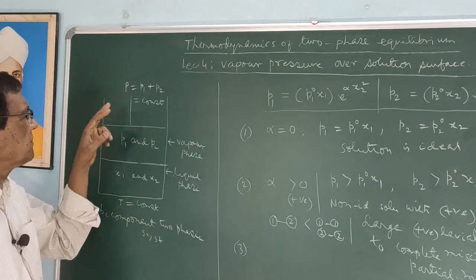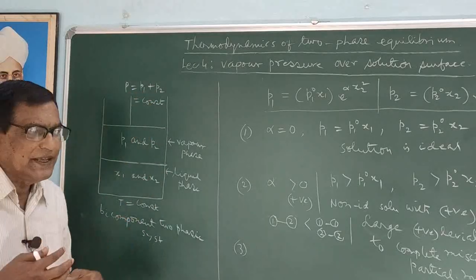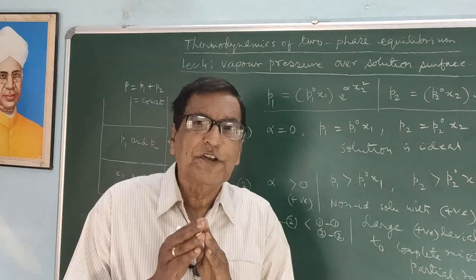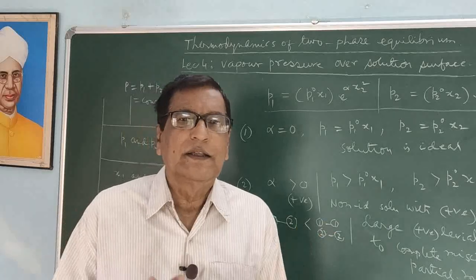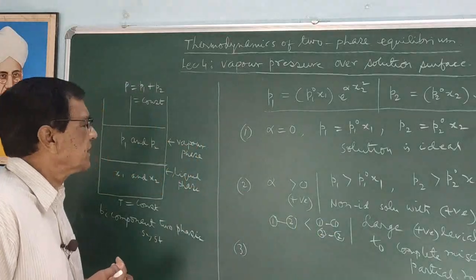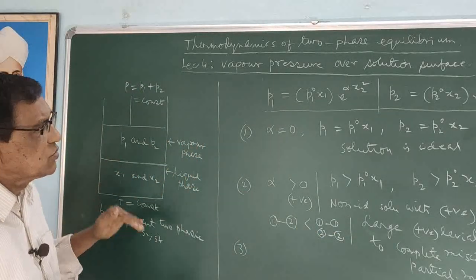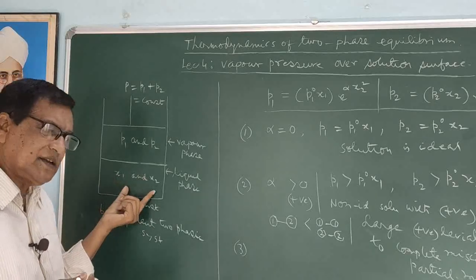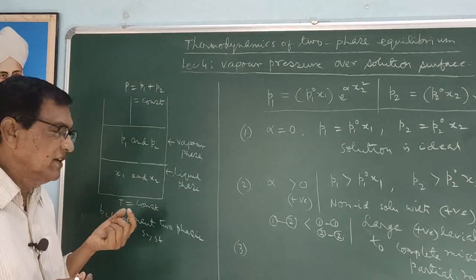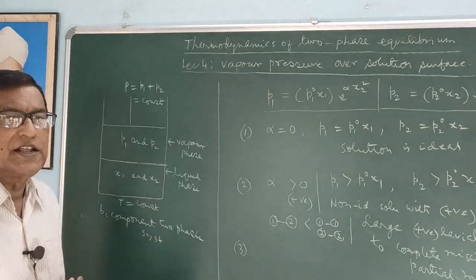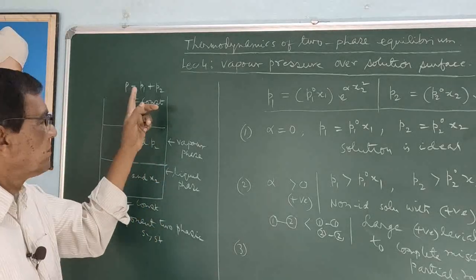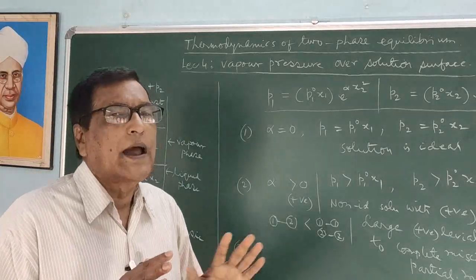The vapor pressures P1 and P2 could be expressed in a more generalized way, whether the solution may be ideal or non-ideal. In all the cases, this generalized expression of the vapor pressures P1 and P2 would be applicable.